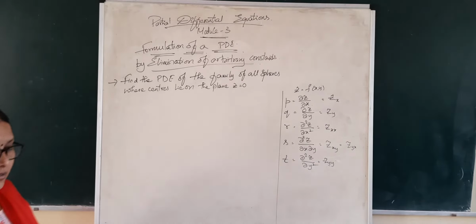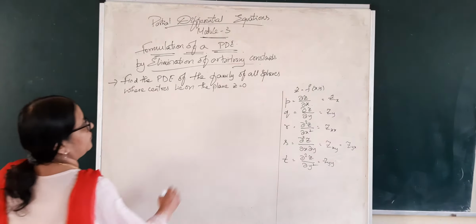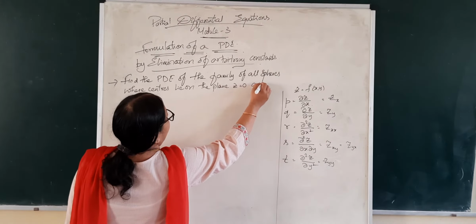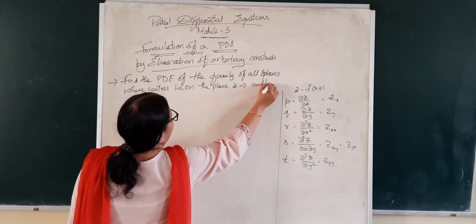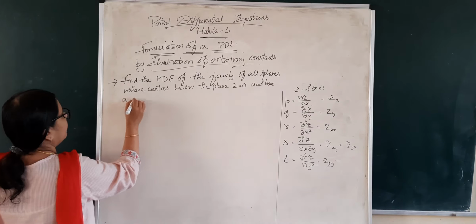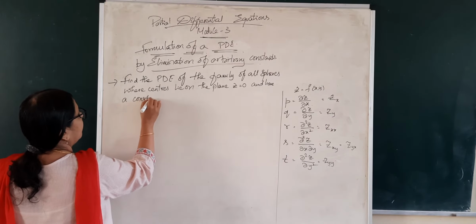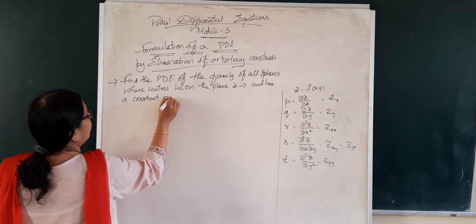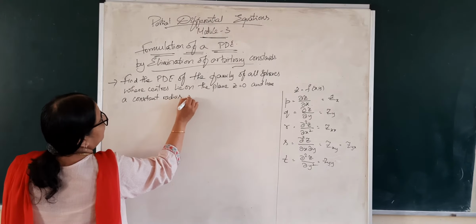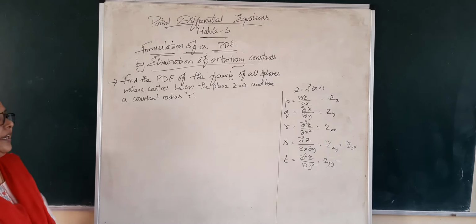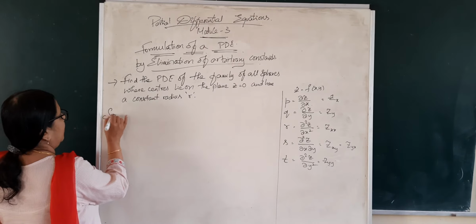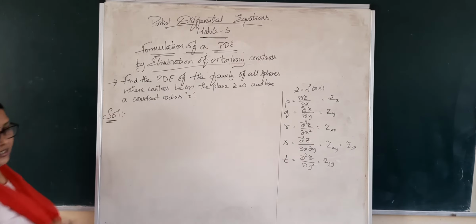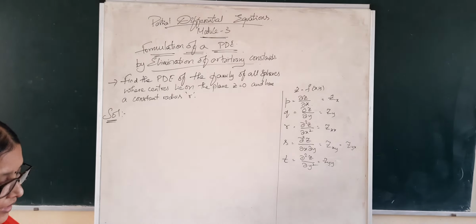So their centers lie on the plane z is 0 and have a constant radius r. This is the constant radius. So let us see how we solve this. How is the PDE going to look?